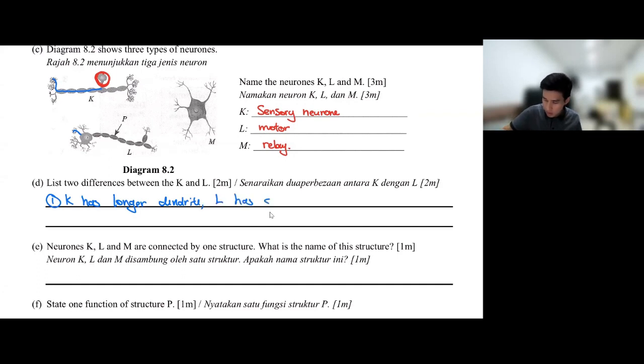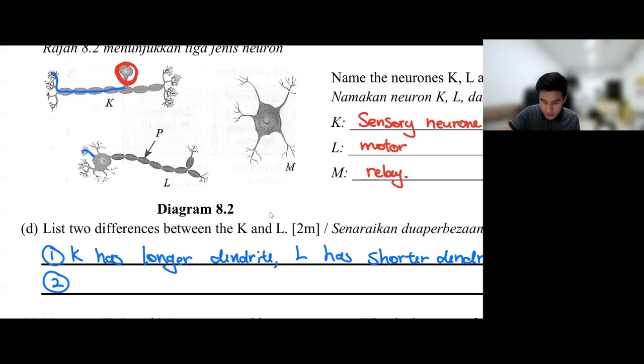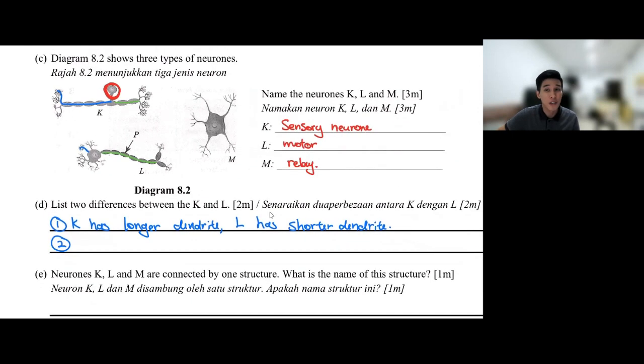L has shorter. And next, what's the other thing? Yeah, the axon, right? So short, long. So it's the reverse. So K has shorter axon, L has longer.